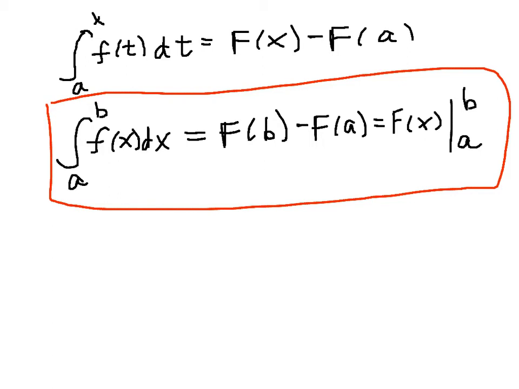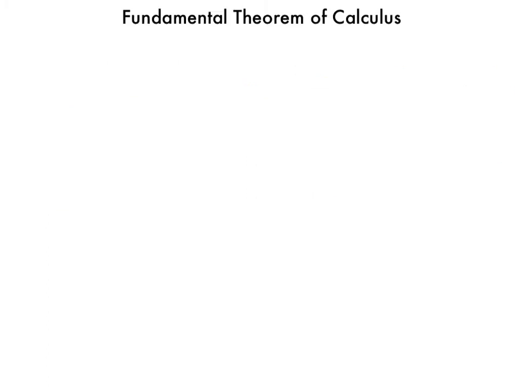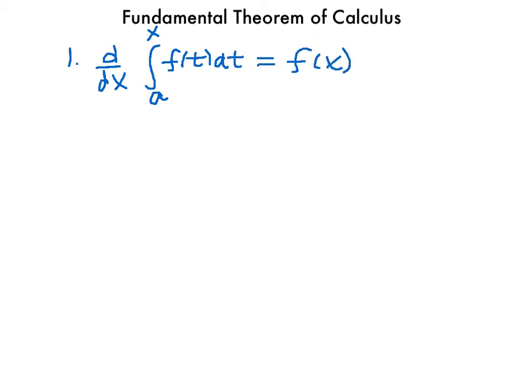So we'll summarize this in the fundamental theorem of calculus, and then we'll look at some examples. So we've actually proven the fundamental theorem of calculus, but here we summarize it. And there's two parts. The first part simply says that the derivative with respect to x of the definite integral from A to x of f of t dt is equal to little f of x.